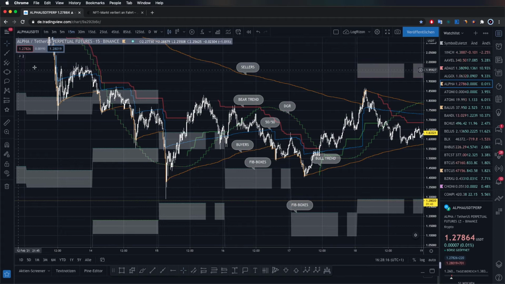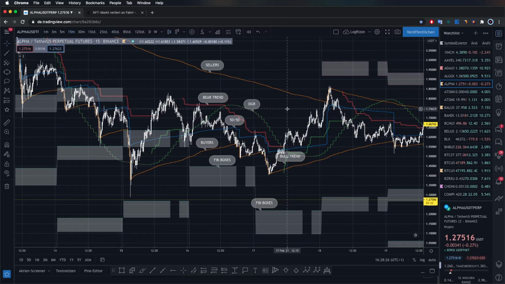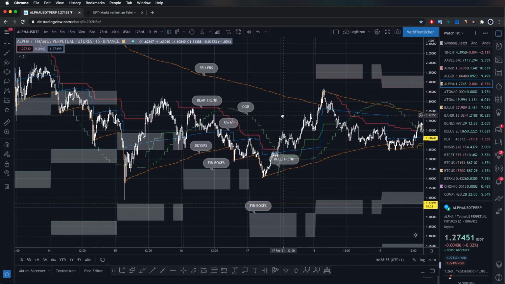With that said, this is more or less my toolbox, which I use to look into the price and to look into the momentum. The DGR for sure is not something which is just giving an exact signal to buy or to sell. For sure, it's more for advanced traders who can read price action and who know how to work with indicators.